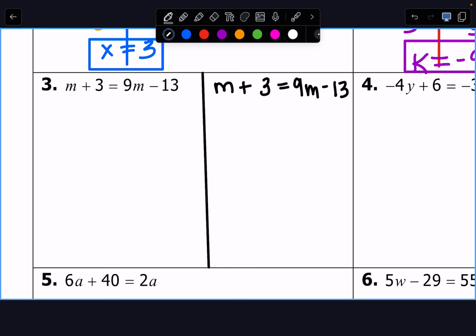Raise your hand if your first step was to subtract 9m from both sides. So if you want to take this 9m and undo it to put it on the left side, we can minus 9m from both sides as our first step. What is m minus 9m?